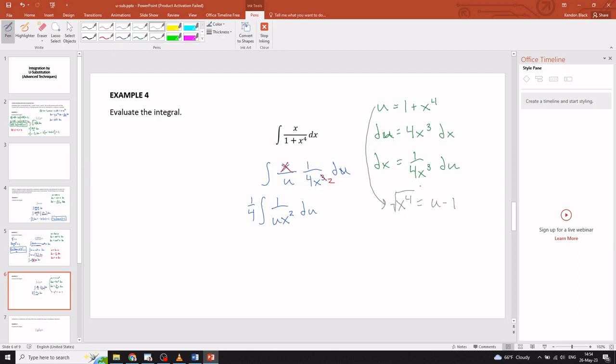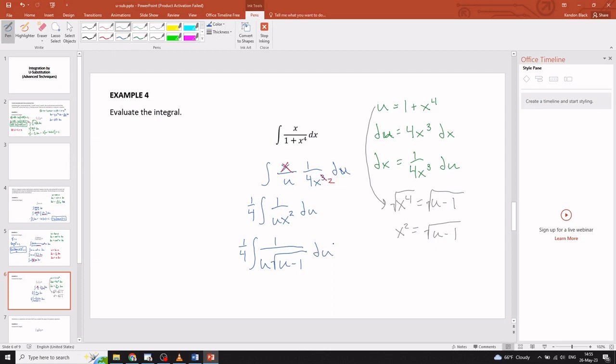And we'll take the square root of both sides. So we end up with x squared equals square root of u minus 1. So that gives us 1/4 the integral of 1 over u square root u minus 1 du.